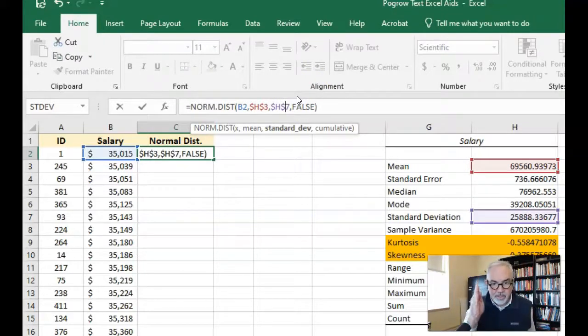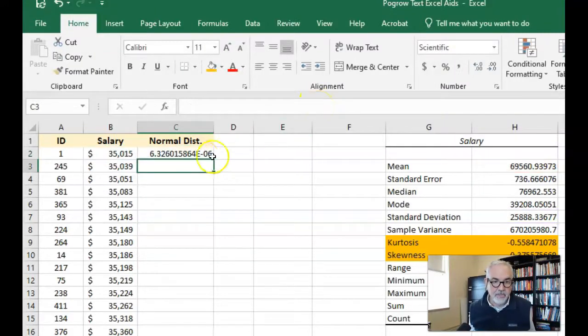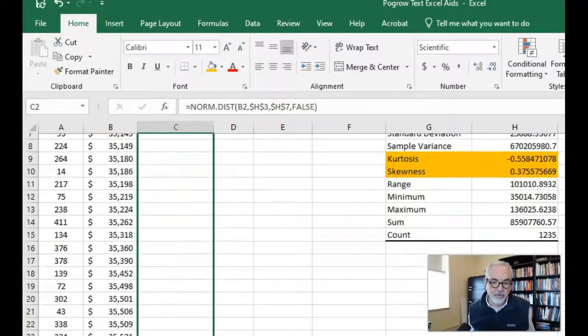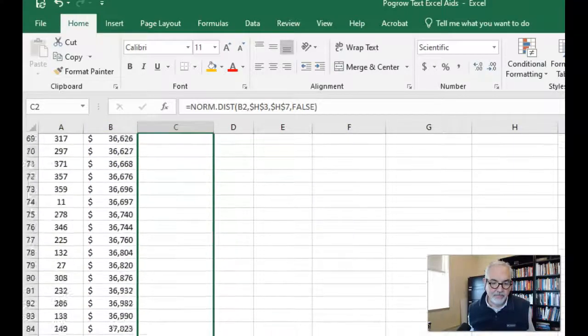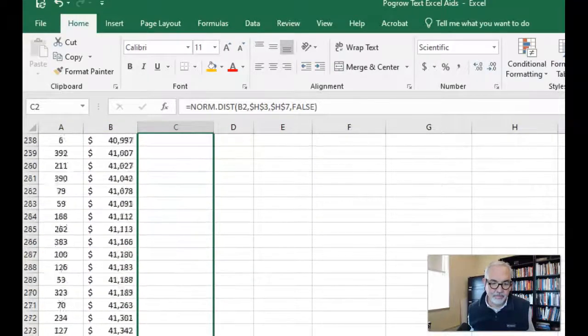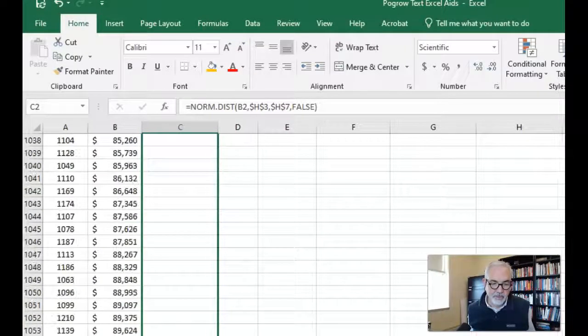That means stick to the H column and stay right there at the 7th row. Hit enter, and then all we need to do is grab the tail here, left click, and drag it on down. And this will fill in all of the values here.